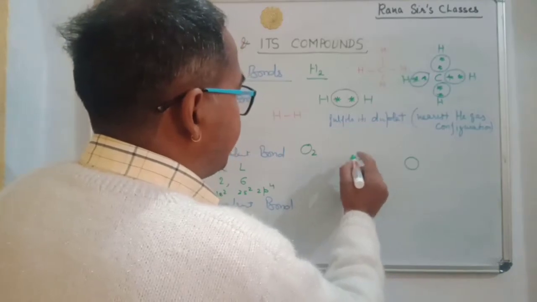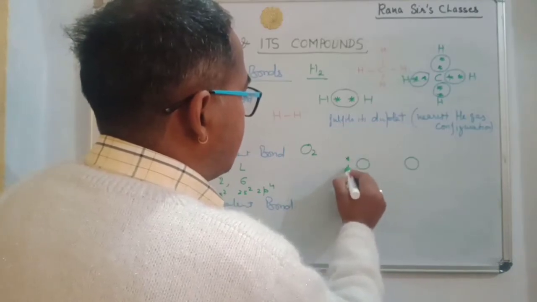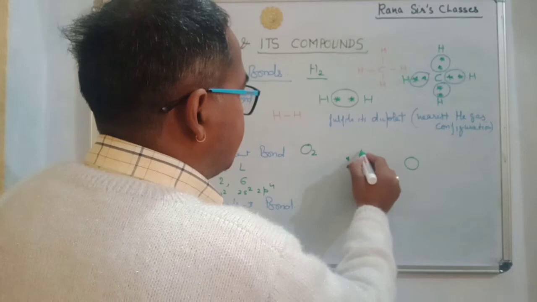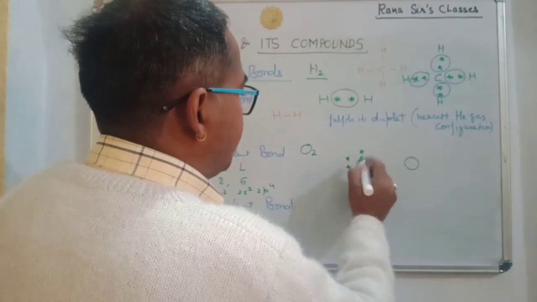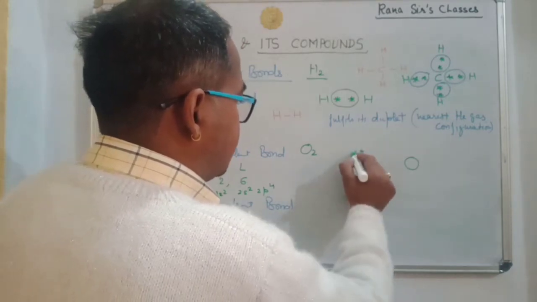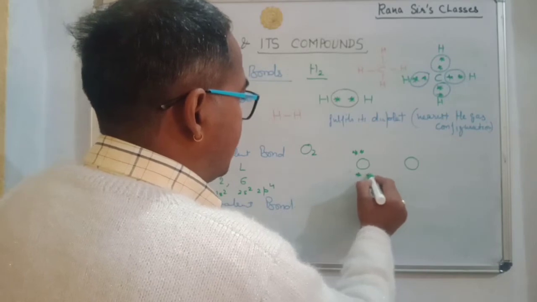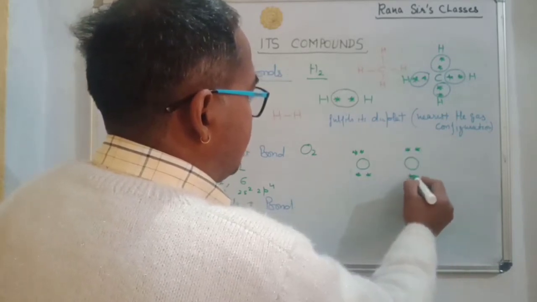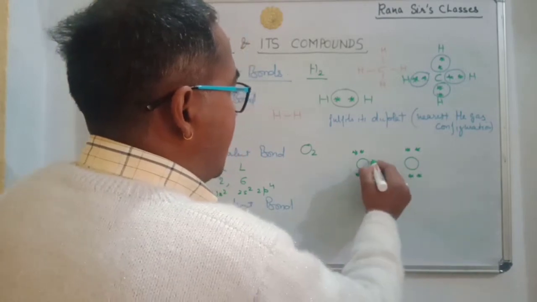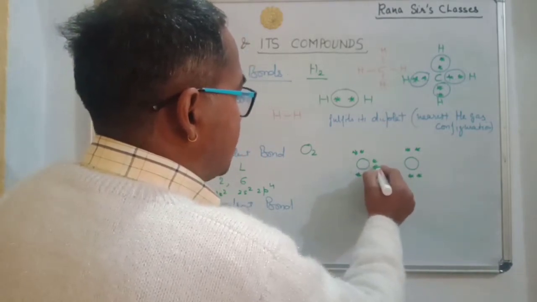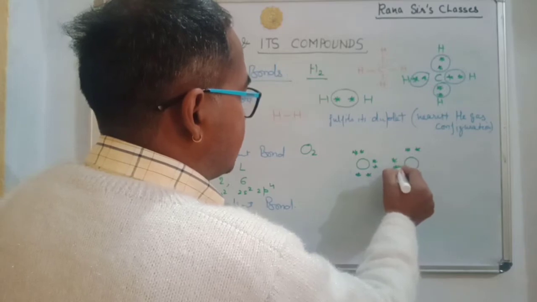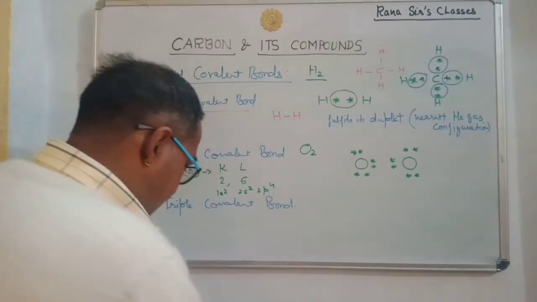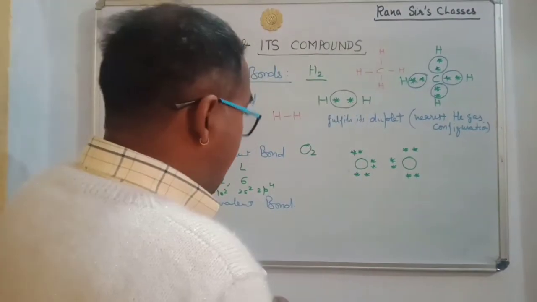Now we see 1, 2, 3, 4, and 2 here, 5, 6. Now they will combine like this.